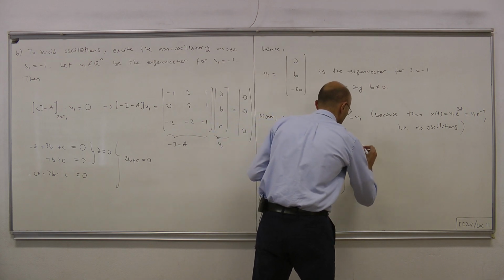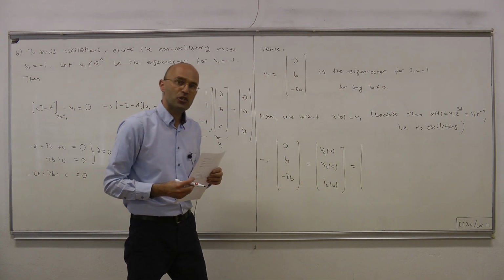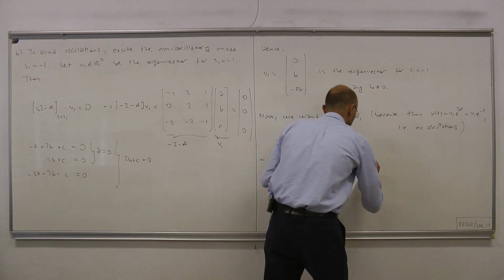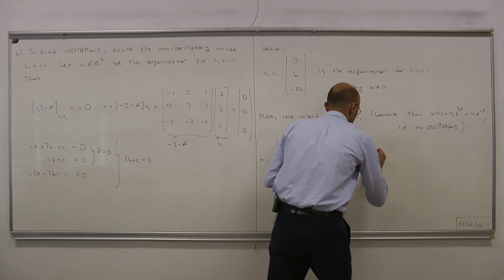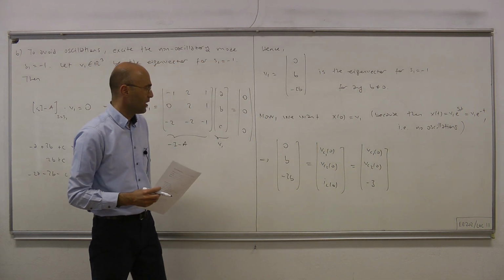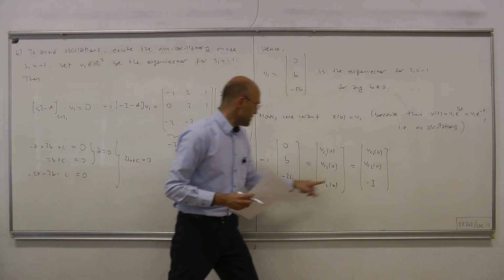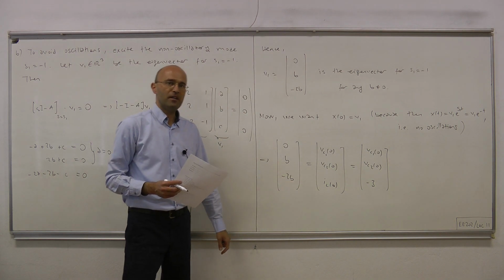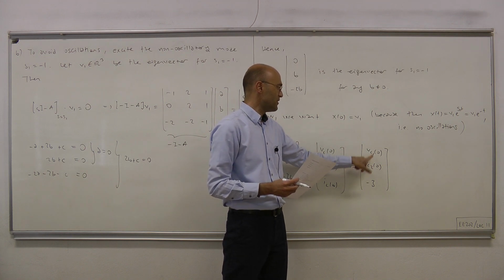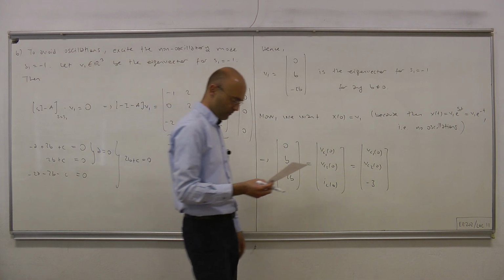And we're already given the initial inductor current, so this is Vc1(0), Vc2(0), minus 3. And so this equality will immediately and uniquely determine B and then eventually Vc2(0) and Vc1(0).